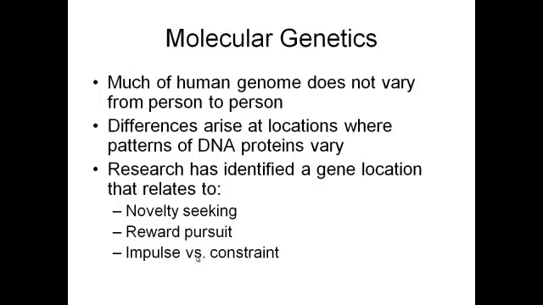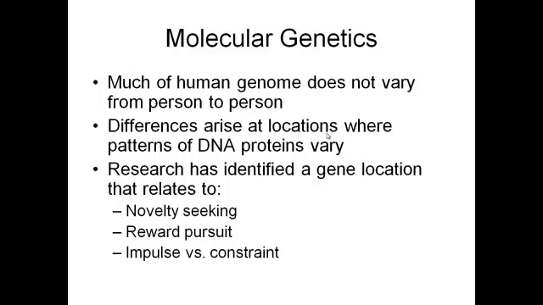So, for example, talking about those differences at different locations across our DNA, you have certain alleles where there might be a difference for one person or another. That difference is called a polymorphism, where one person can have it one way and another person can have it another way.